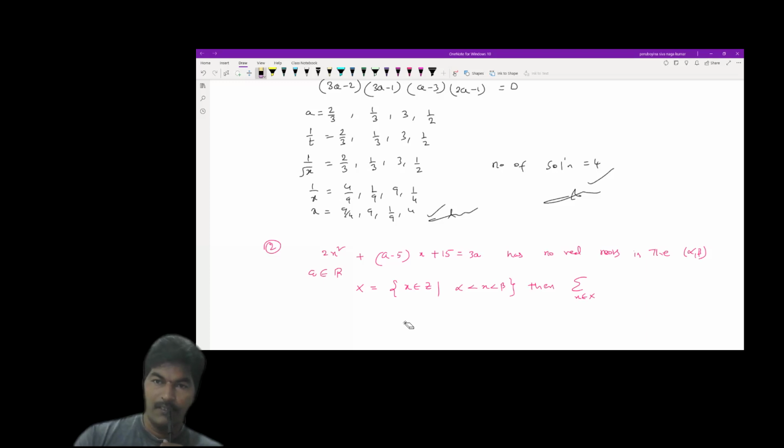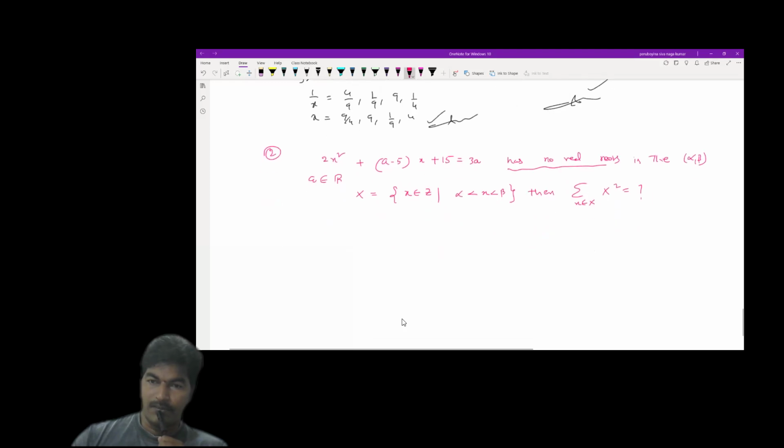They said it has no real roots. No real roots means we need to identify first the real part of the value.